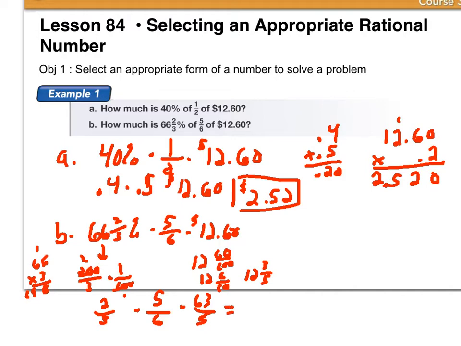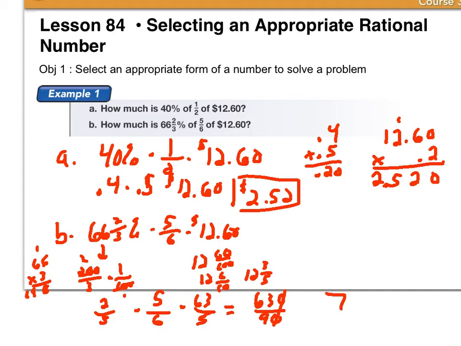So multiplying across, 2 times 5 is 10, times 63 is 630 over, and then on bottom, we got 3 times 6 times 5. Well, I know 6 times 5 is 30, and 30 times 3 is 90. So we got 630 over 90. Well, those can cancel out. And then 63 divided by 9, that is 7.